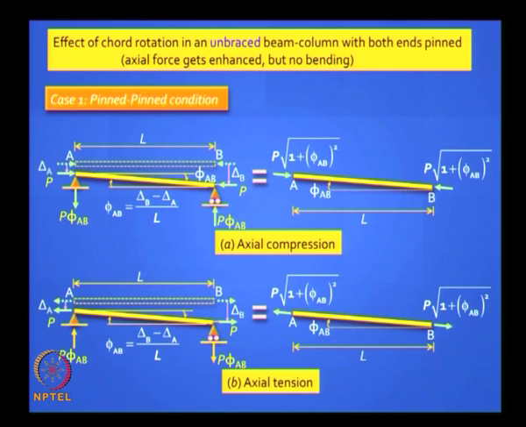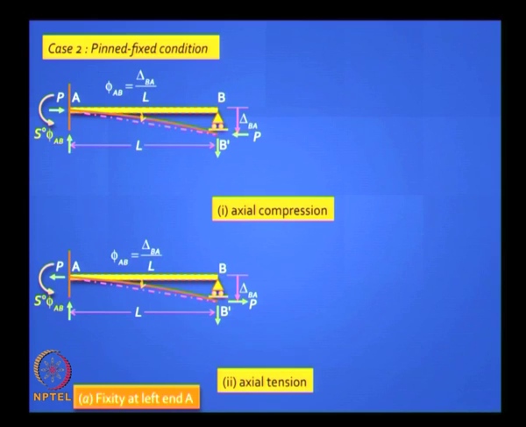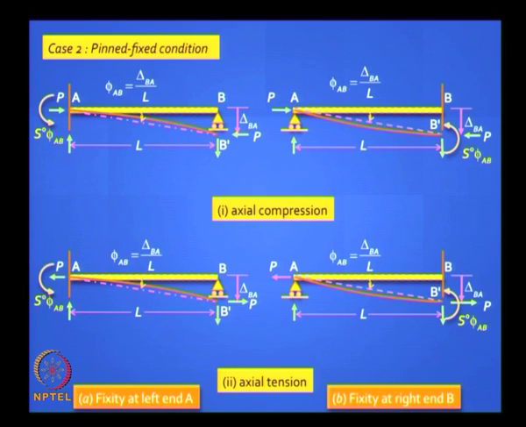Just remember this. Okay, if you have a pinned fixed condition and you have a chord rotation, you have a curvature, and you can prove that you have end moments which are the same end moments as you got earlier. Instead of 3 EI by L, you write now S naught. S naught is the replacement for the correction for 3 EI by L, in which you include the effect of P. Is it clear? This is same as what we did earlier.